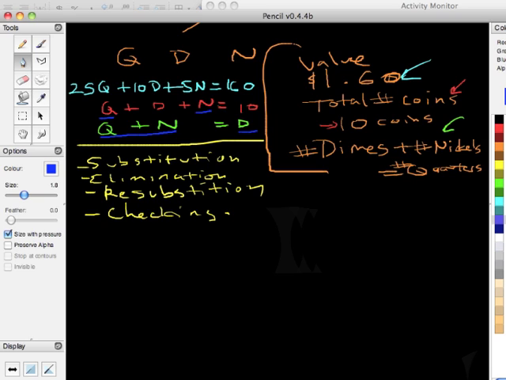And so what would this look like in three dimensions? So x, y, and z. But in this case, we have quarters, dimes, and nickels. And each one of these equations is a different plane.